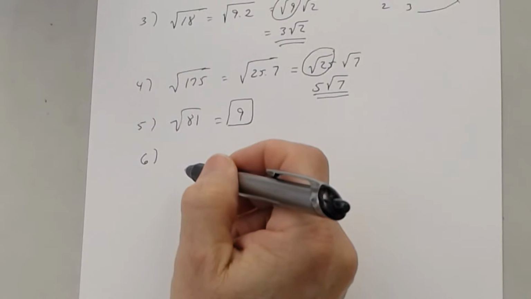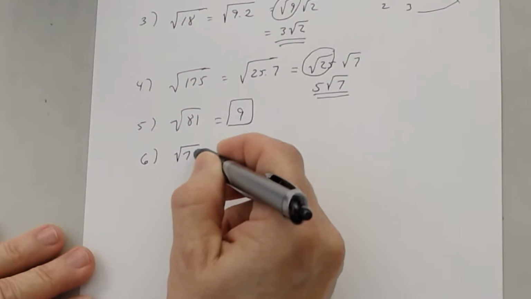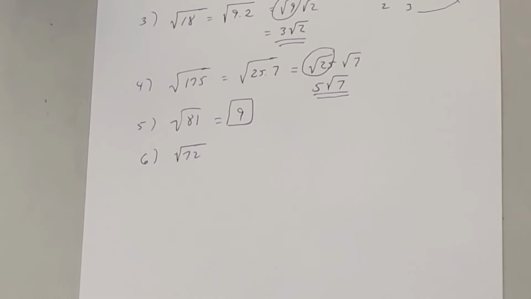6. All right. 6, suppose I had the square root of 72. The square root of 72. What perfect square besides 1 will go into 72? 9? Okay.